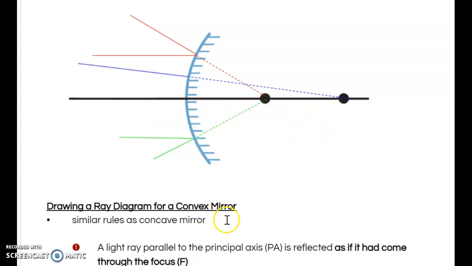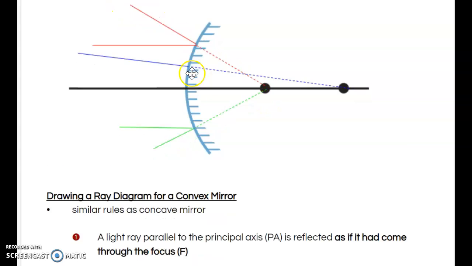So a light ray parallel to the principal axis is reflected as if it had come through the focus. So here it is. Locate my focus, and then my diverging reflected ray will move away from the mirror, so I can extend my reflected ray that way.